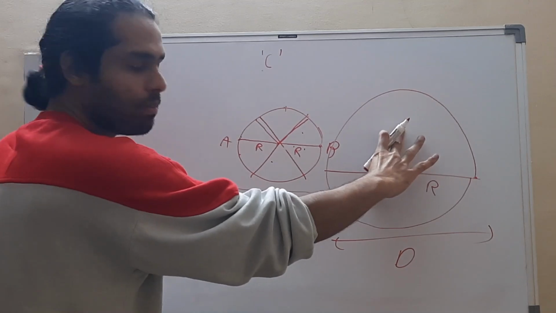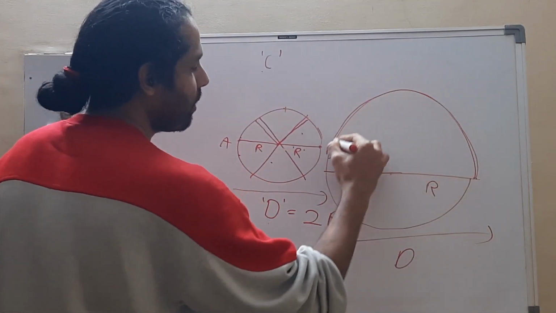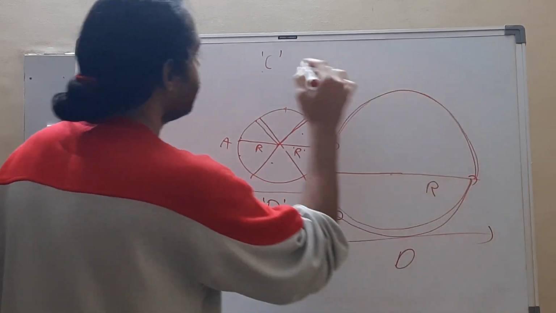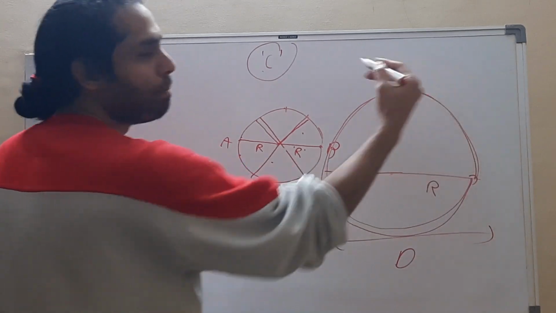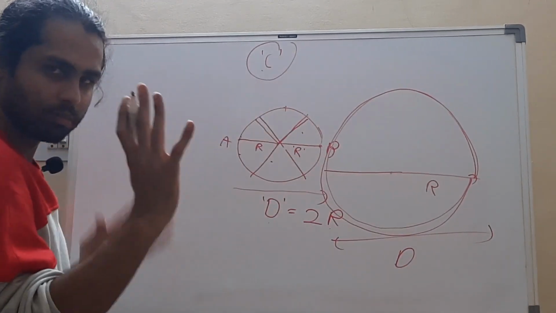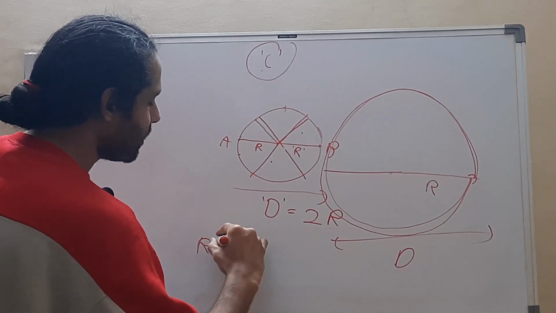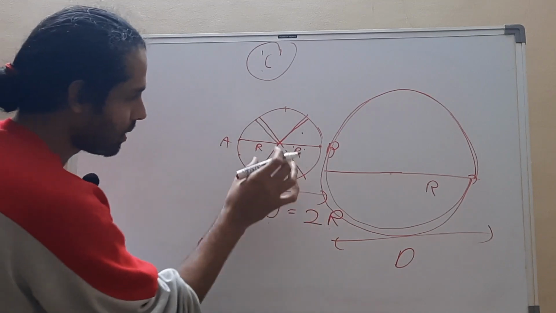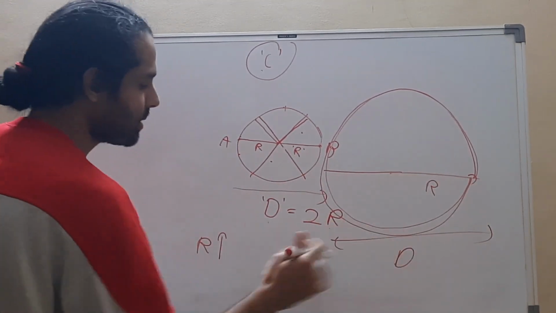So not only is the area more, because the circle is bigger, the length of the path that you have to travel around the circle, which is basically the circumference, right? From here, it has now also become bigger. So if we want to put this whole story in a simple, succinct way, we can say that as the radius increases, as the radius becomes bigger, what will happen to the diameter? Diameter is twice radius.